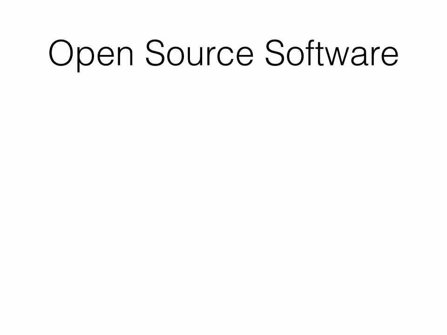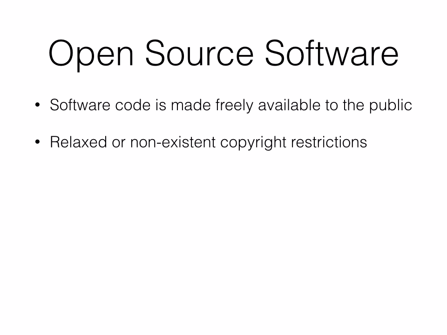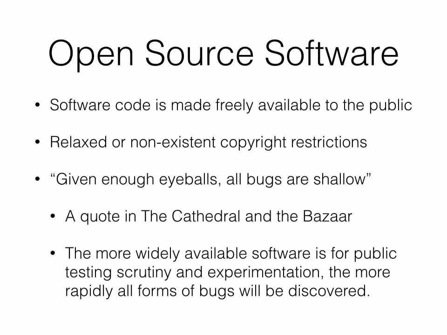So now let's look at the converse of closed source software, and that's open source software. Open source software is software code that's made freely available to the public. It has relaxed or non-existent copyright restrictions. And I put this quote in there to talk about some of the advantages of open source software.